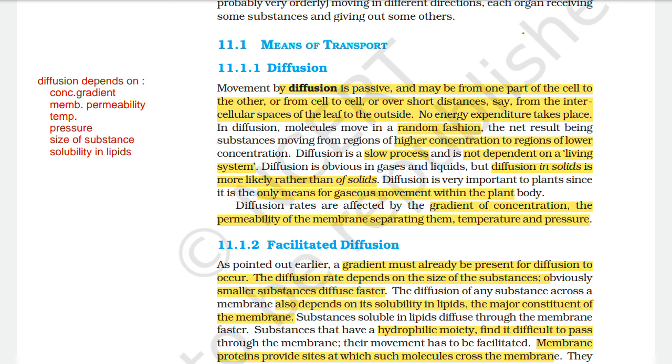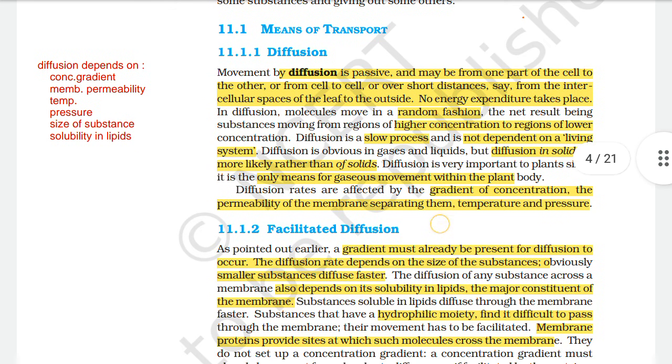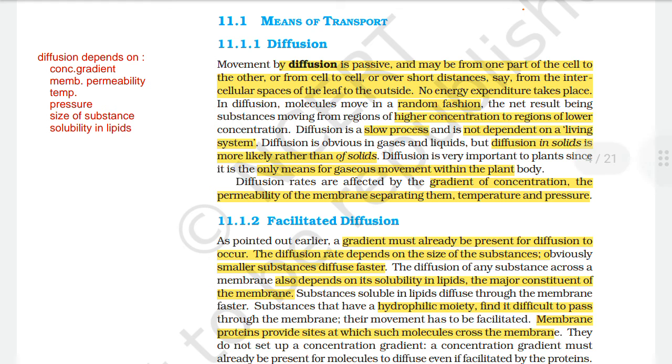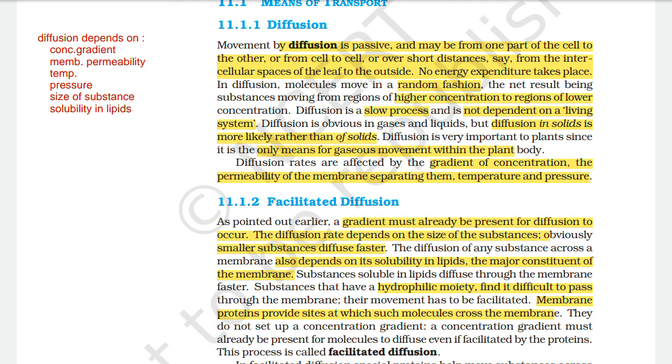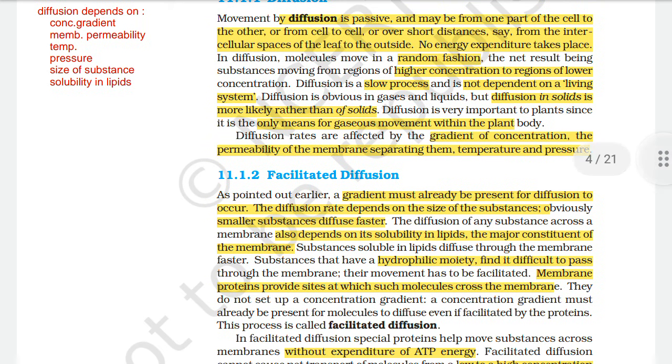Diffusion is a passive, random and slow process. It is independent of energy and not dependent on any living system. It means that diffusion occurs both in living as well as non-living things.